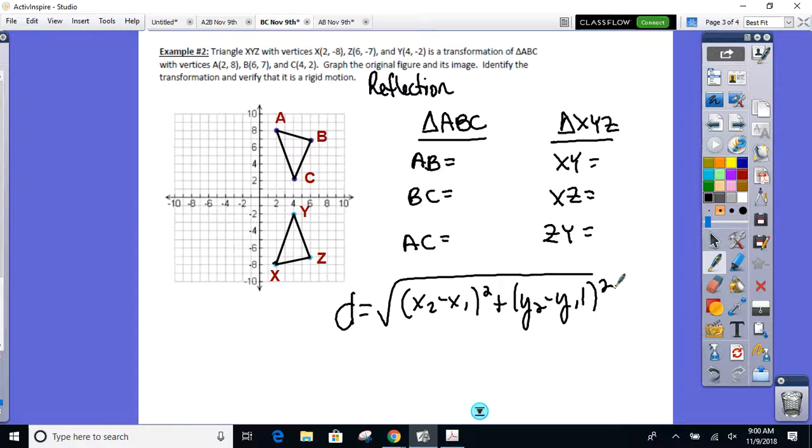Simplest radical form if possible. One of the sides in each triangle should be simplified into simplest radical form.